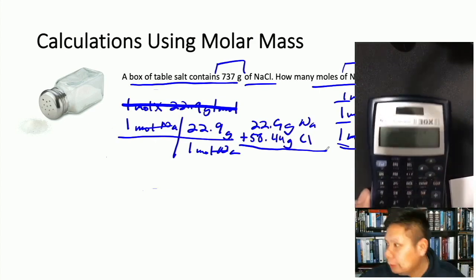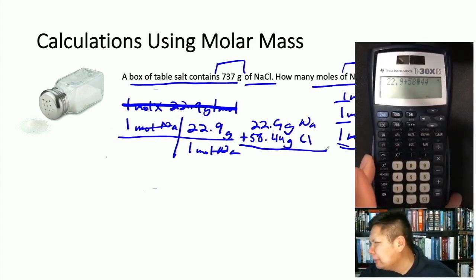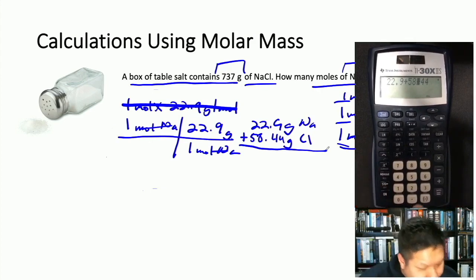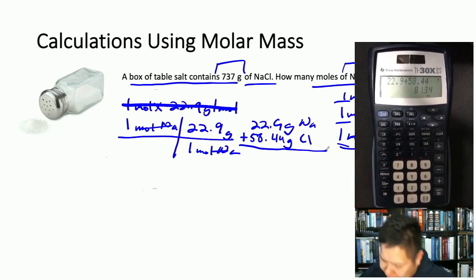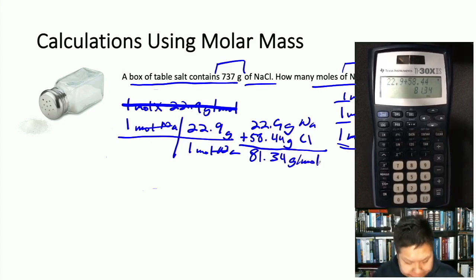Make sure you're being careful about how you're typing things in. There we go. There's a plus sign right there that actually needs to be a point. Press enter. And our total is 81.34 grams per mole for sodium chloride.